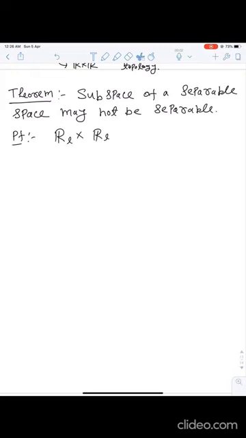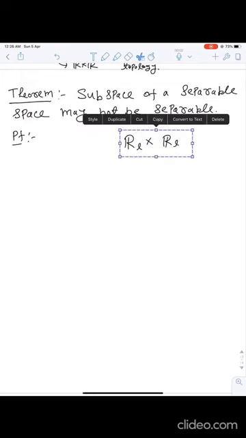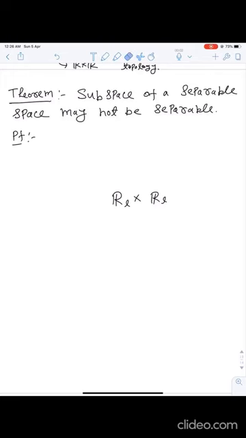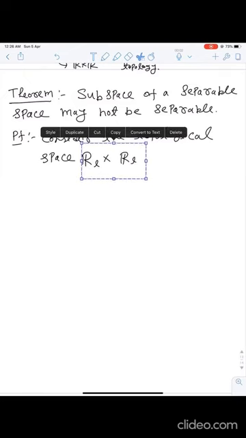So, consider the topological space R_L cross R_L.